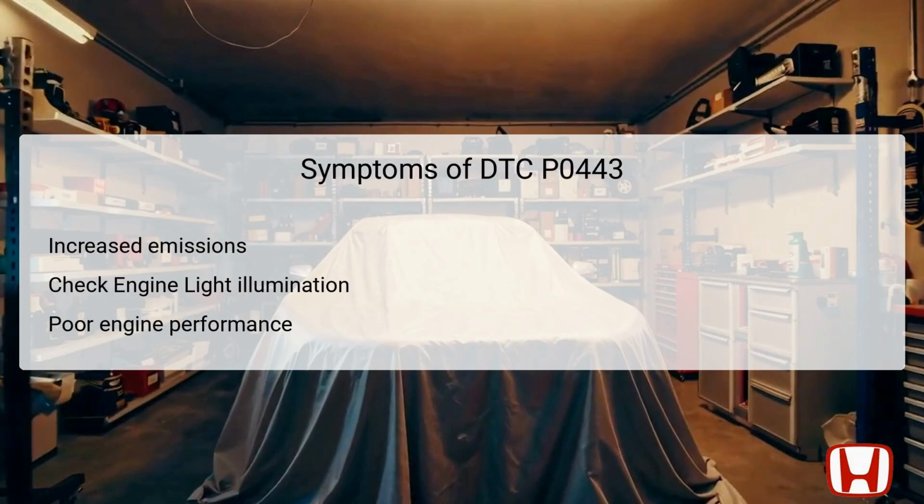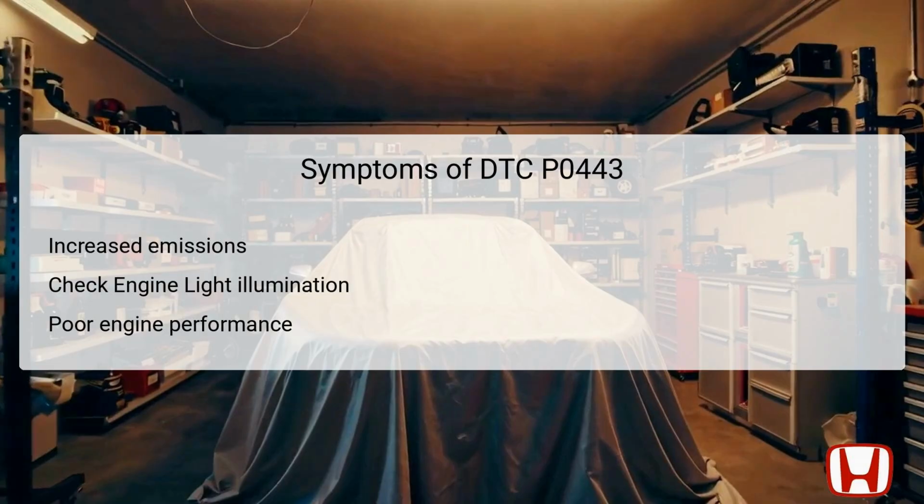When experiencing DTC P0443, several symptoms may become evident. One of the most noticeable signs is an increase in vehicle emissions, which may lead to failing emissions tests if not addressed. Additionally, the check engine light (CEL) on the dashboard will likely illuminate, alerting the driver to underlying issues with the vehicle's emission controls.